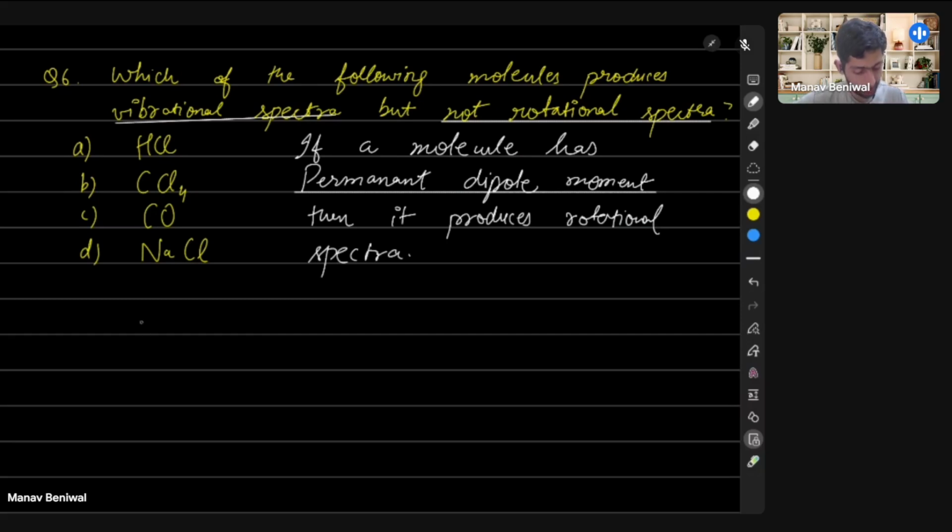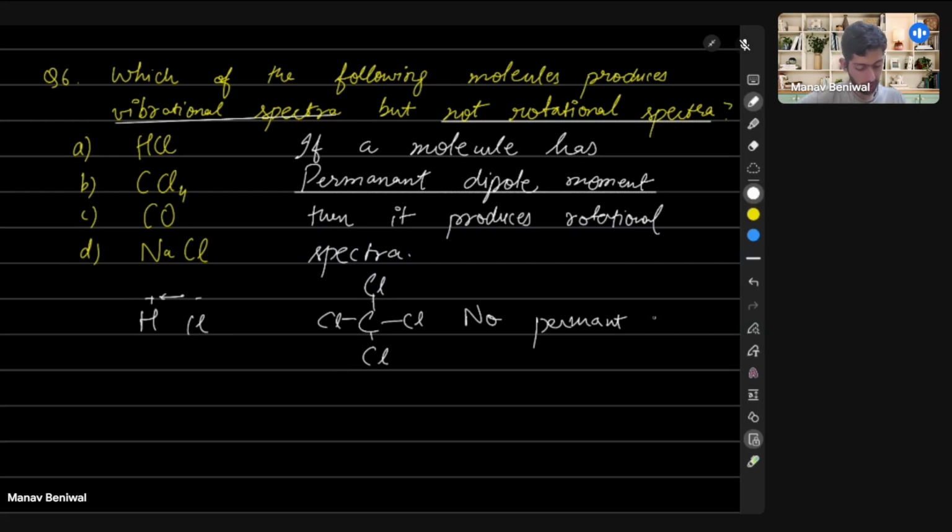So HCl, of course, this is plus, this is minus, so it has a dipole. Now CCl4, you have Cl, Cl, Cl here. Now you can note that the charge distribution is symmetric about carbon. So this does not have a permanent dipole moment.